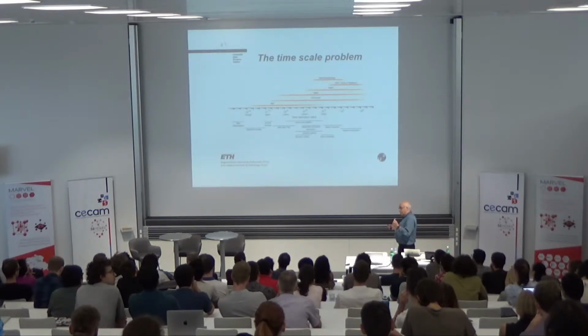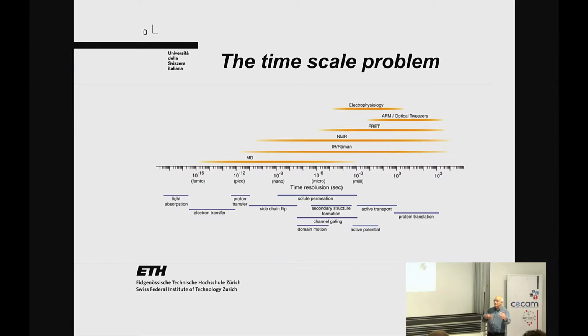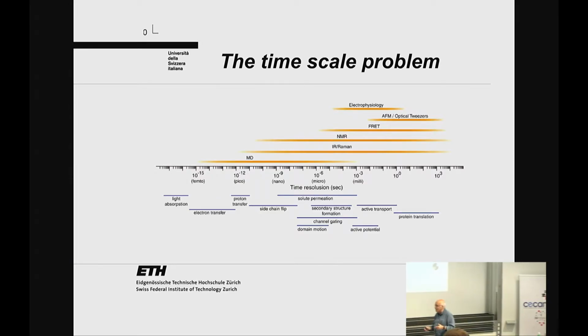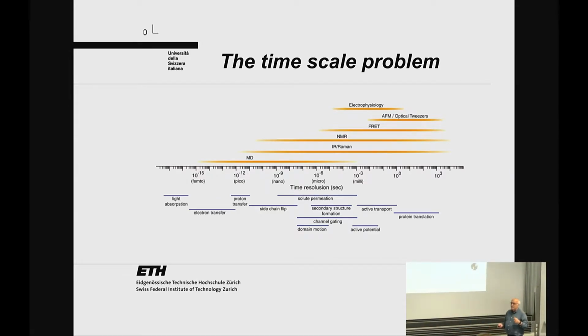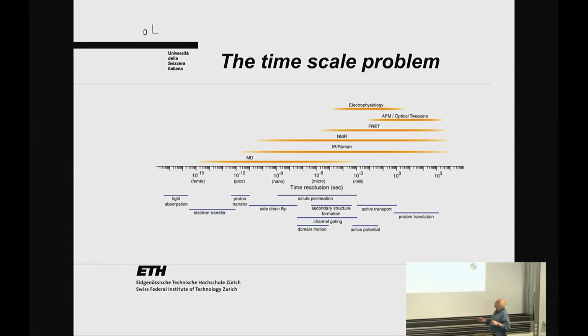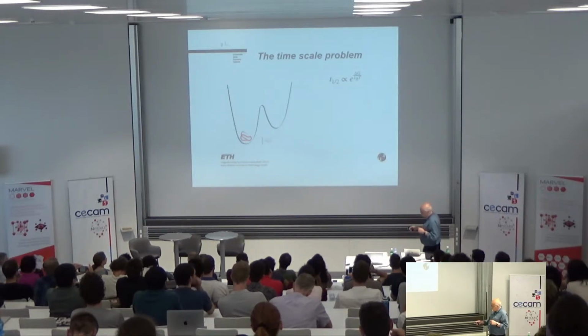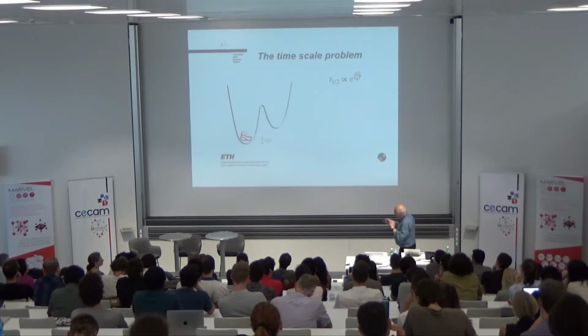This problem is relevant for any branch of molecular dynamics, but particularly for ab initio, because in ab initio nothing comes for free. If you want to describe the electrons, the bond breaking, and so on, everything costs money. So the scale of computer simulation is very much restricted, and we worked on that.